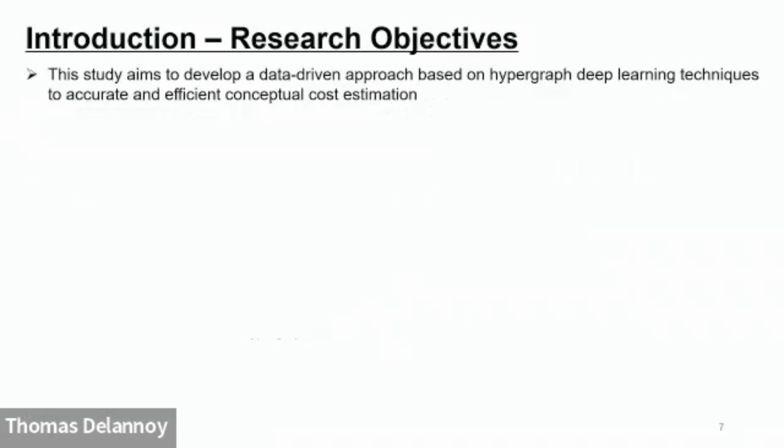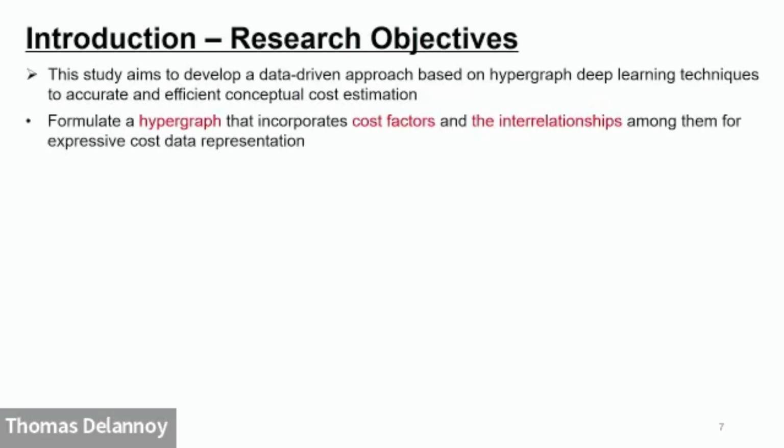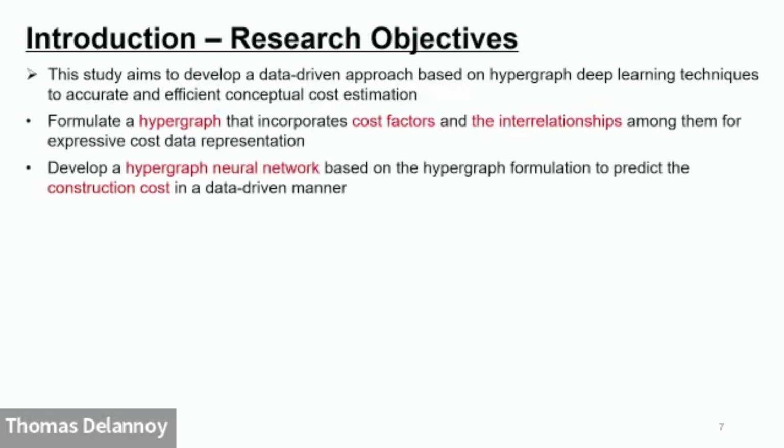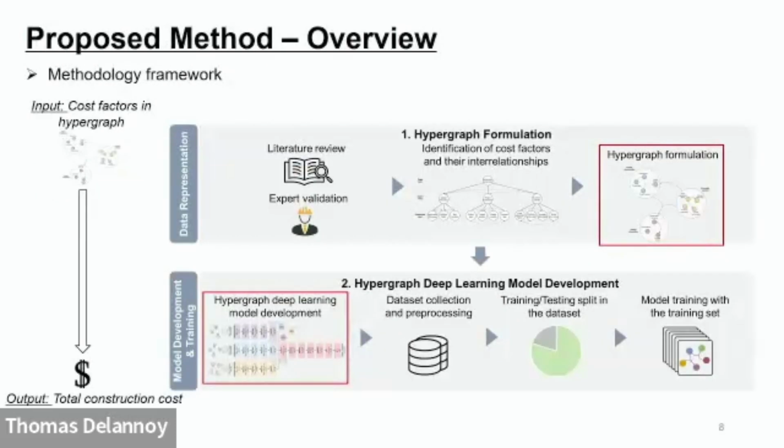With that being said, we aim to develop a hypergraph deep learning based approach to have an accurate and efficient conceptual cost estimation. We will first formulate a hypergraph to incorporate the cost factors and the interrelationships. Then we will develop a hypergraph neural network based on it to have an end-to-end cost estimation. This is an overview of the proposed method.